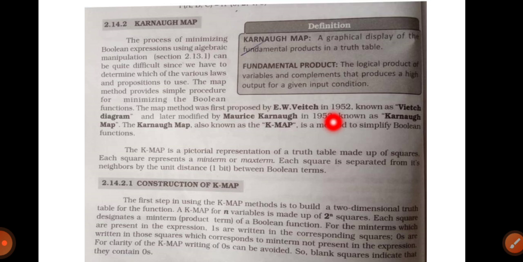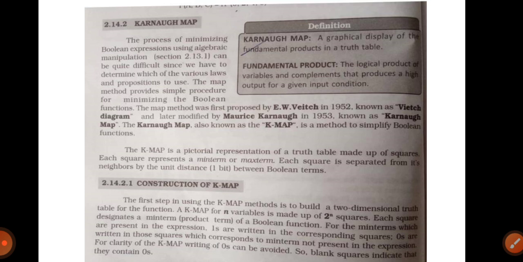It became known as the Karnaugh map or K-map method to simplify Boolean functions. That is, simplifying Boolean functions in an easy method. Maurice Karnaugh explained this.